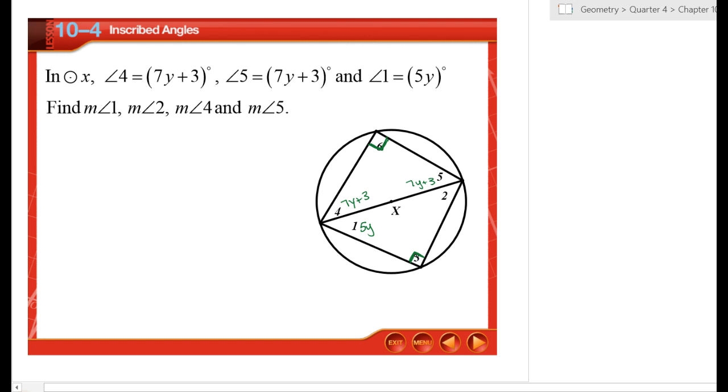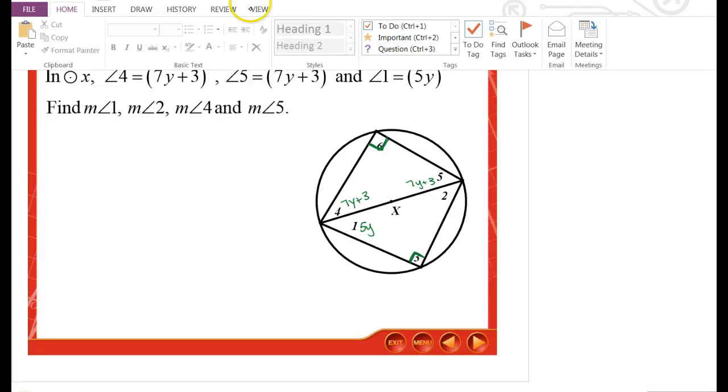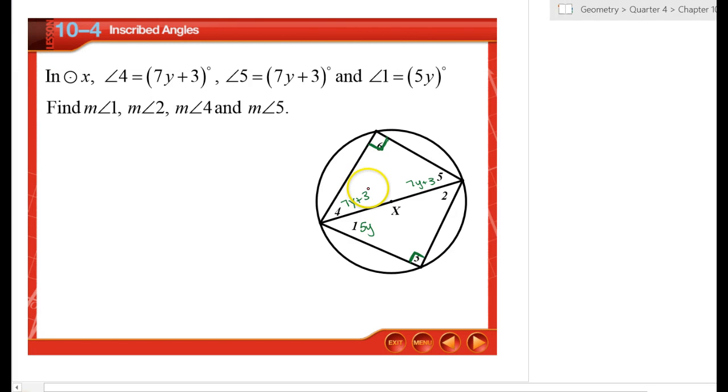So I can figure out y using the top triangle by saying 90 plus 7y plus 3 plus 7y plus 3 equals 180. And that'll be fine. What's something else to notice though is that 7y plus 3 and 7y plus 3, that means that 4 is congruent to 5.